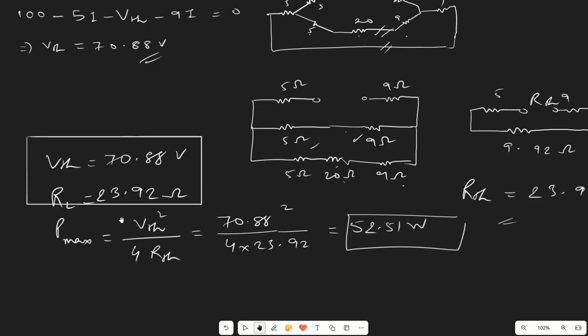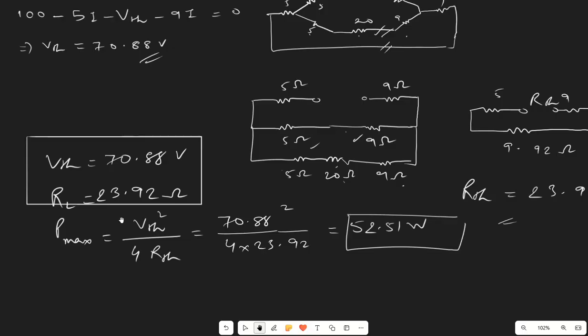Okay, so as we know, we can convert any circuit into a Thevenin circuit. The circuit which contains dependent sources also can be converted into an equivalent Thevenin circuit. So in the next class we will be discussing the circuits for the maximum power transfer theorem when we have a dependent source, right?